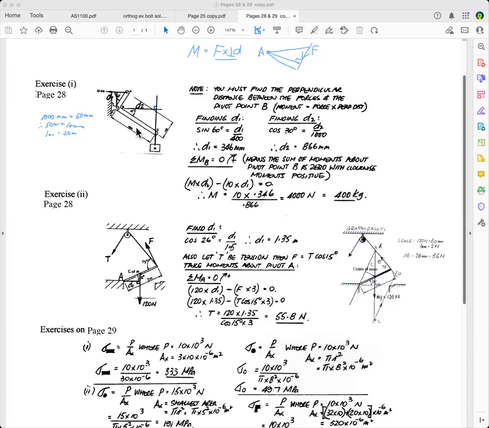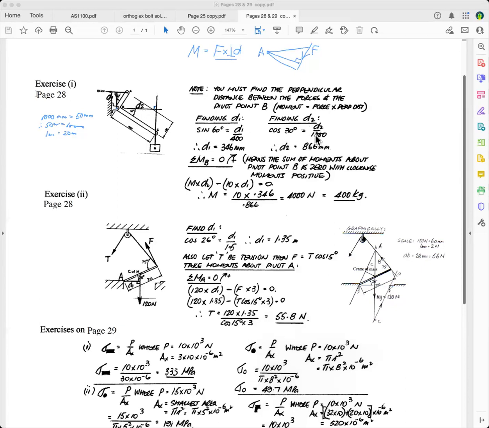Anyway, let's assume that you know how to use trig, and so we're going to work D2 out. Now, we know that that angle there is 30 degrees, and we know that this distance here is 1,000. The trig ratio that involves that and that is cos. So you say cos 30 degrees is equal to D2 over 1,000.